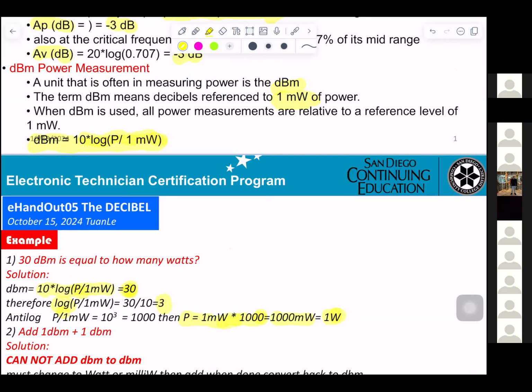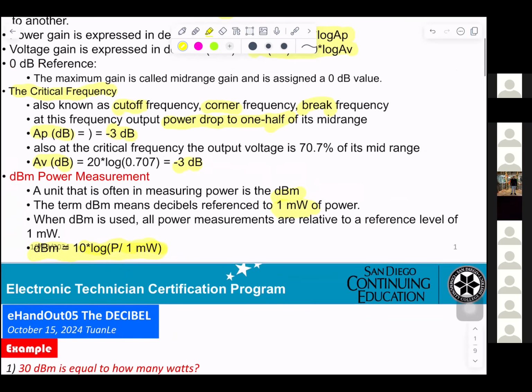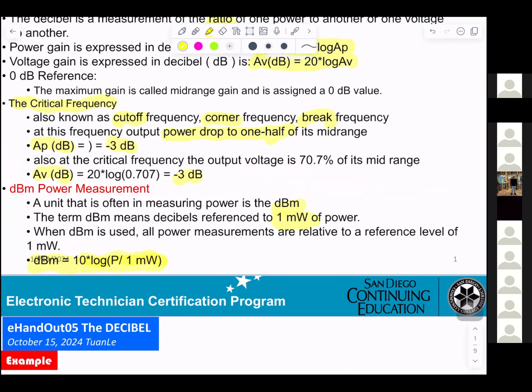It says AP dB equals -3 dB, and then it says AV dB. Yeah, right there. If you go 10 log 0.707, does that give you minus 3 dB?